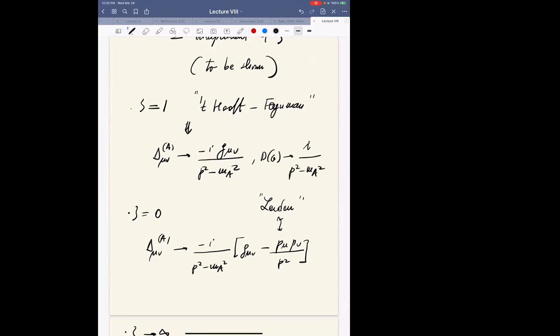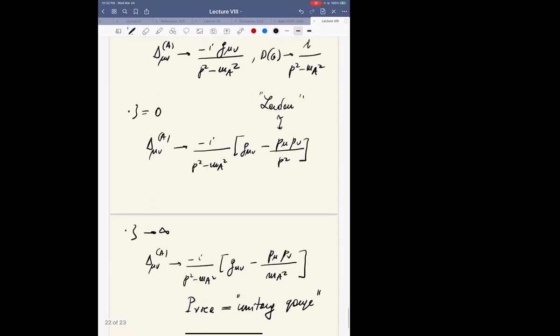You see, with psi equal 1, I have this massive gauge field, but I also have the G guy that kind of conspired to make the theory work. You never get rid of it. With psi equal 0, in this case, it's very interesting: D of G goes into i over P squared.